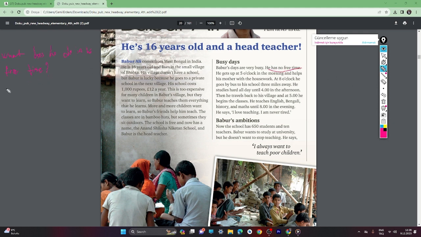He gets up at 5 o'clock. When does he get up? In the morning. Okay, this is the question. And helps his mother with the housework. At 8 o'clock he goes by bus to his school.